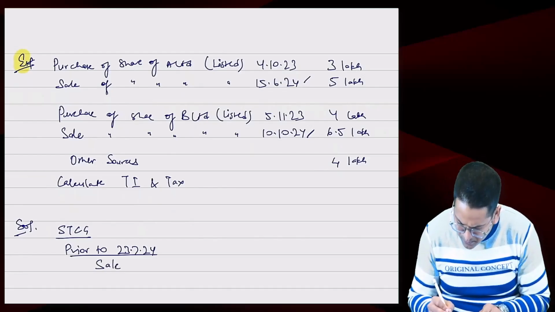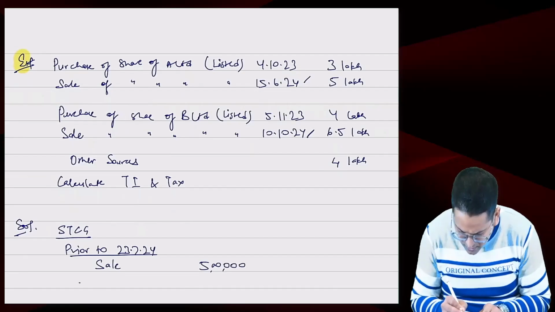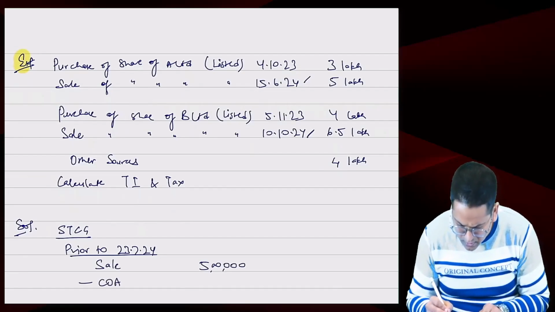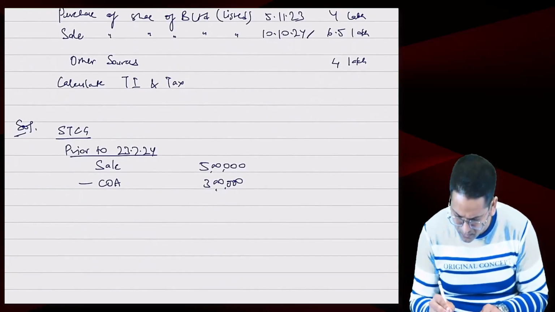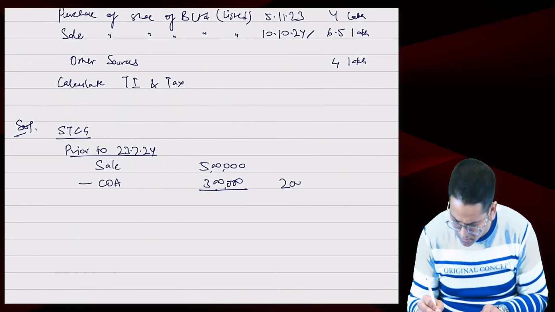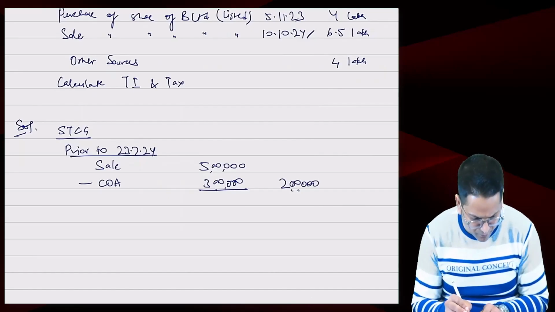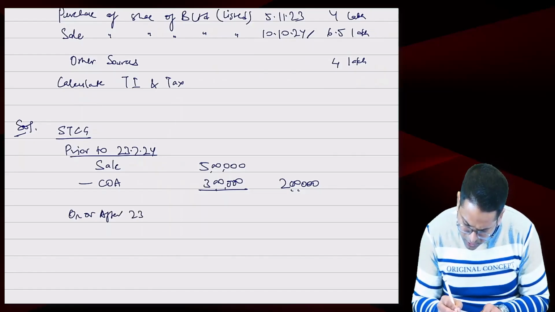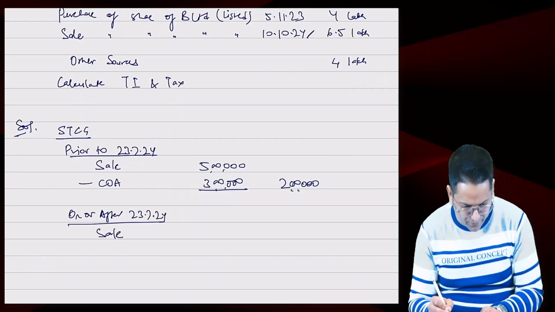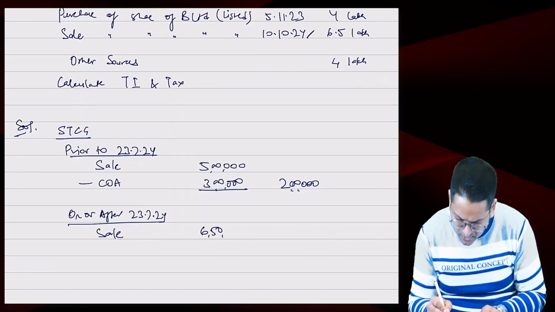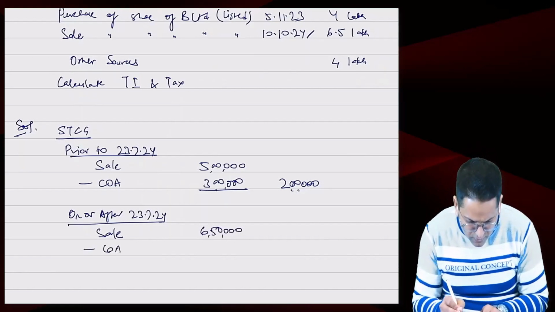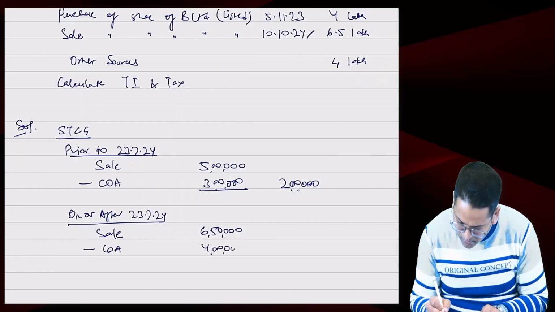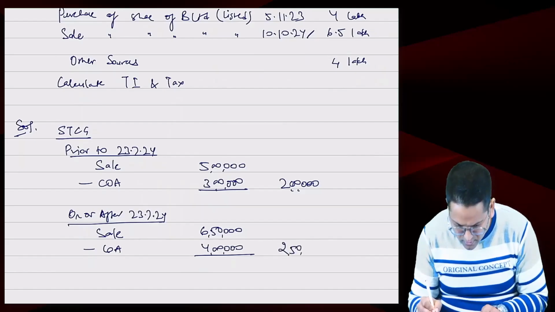Sale 5 lakh rupees minus cost of acquisition, is it 3 lakh rupees? This will be 2 lakh rupees. Then after that, on or after 23rd July 2024, sale 6,50,000 minus cost of acquisition 4 lakhs, 2,50,000.